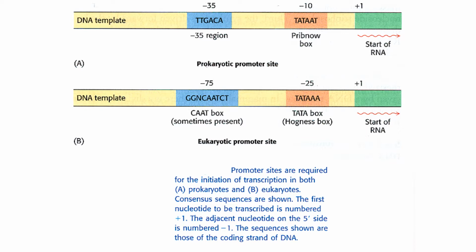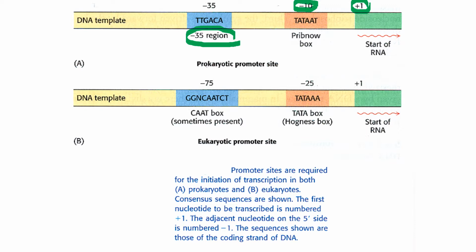There are two components which are generally centered at -35 and -10. In the -35 region, we have TTGACA. These are considered to be upstream of the transcriptional start site, which is at +1.